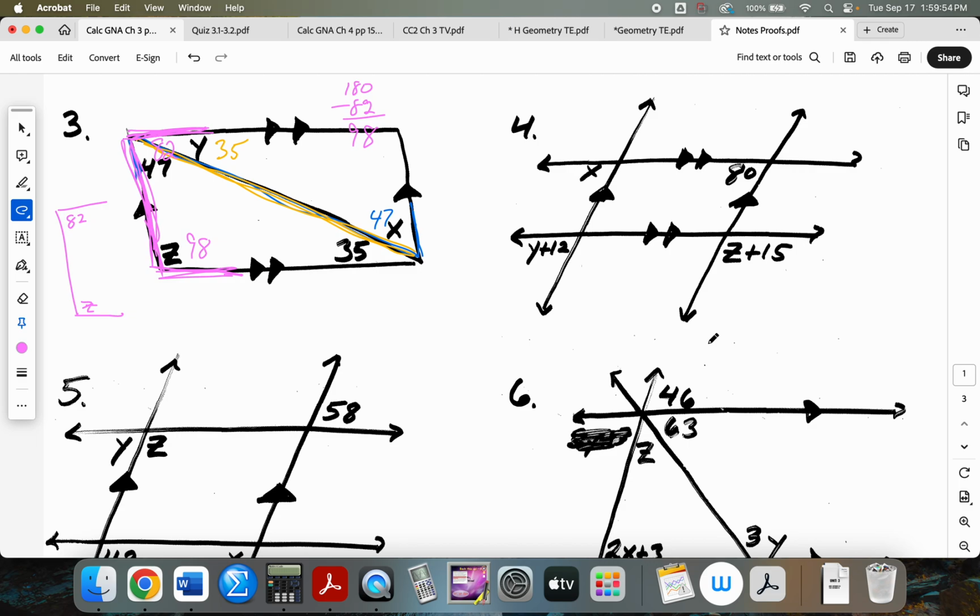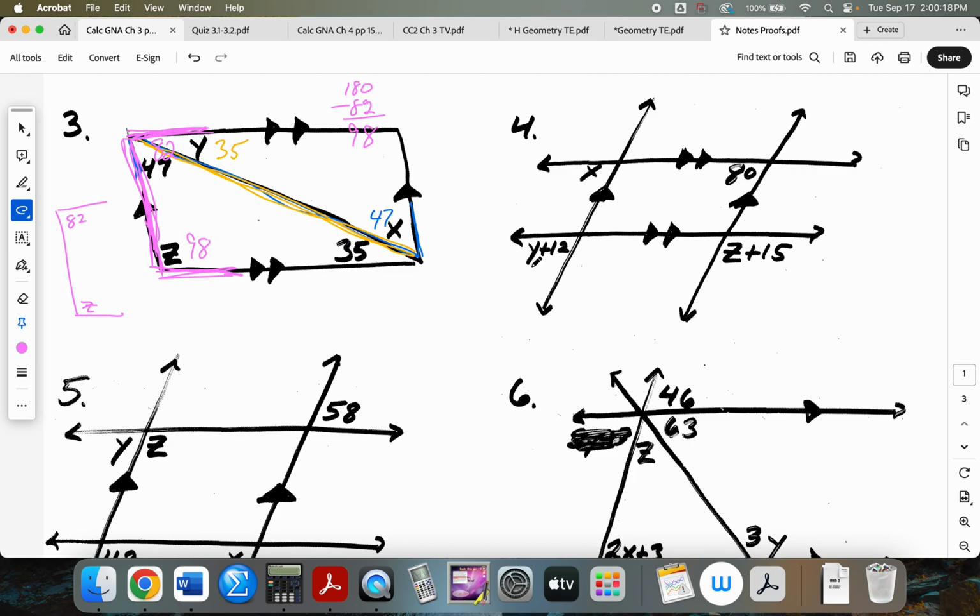All right, so now we're going to get to some where we're going to have to write equations for some of them. Let's look at number 4. Again, both pair of lines are parallel, so I can go any direction I want. However, if I'm trying to find x, if I go this direction, the only thing down here is an algebraic expression.